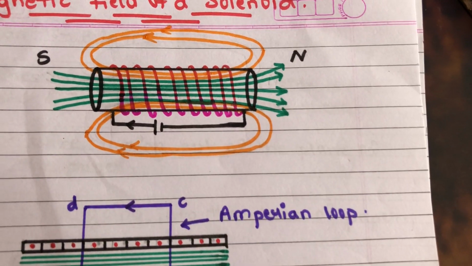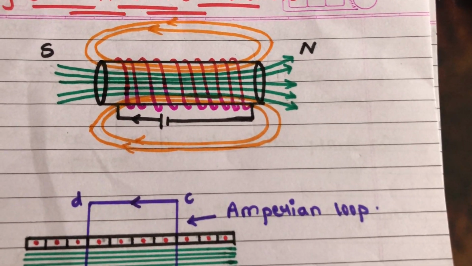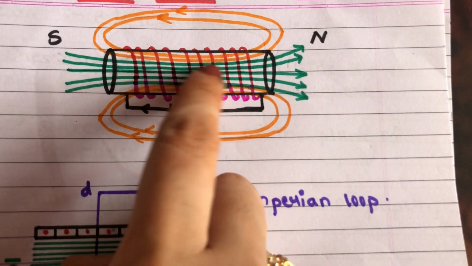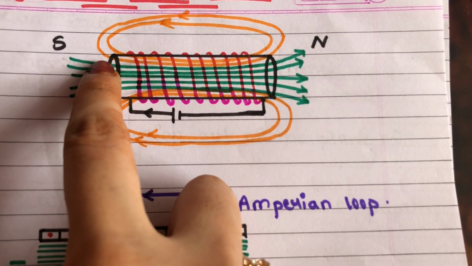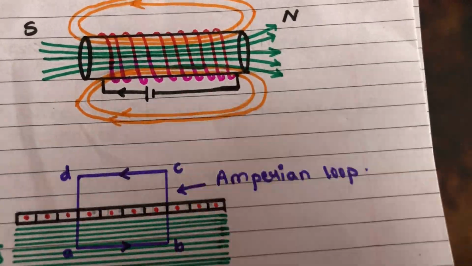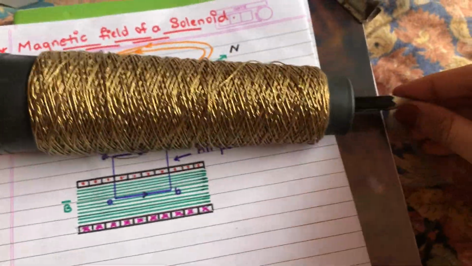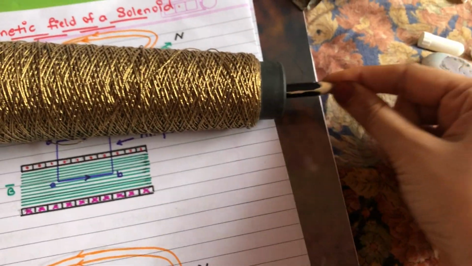Now, the magnetic lines of force will be dense along the axis of the solenoid, which is within the solenoid. Suppose this is the axis of the solenoid.